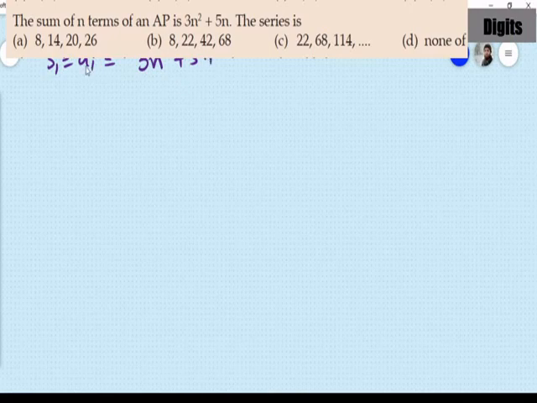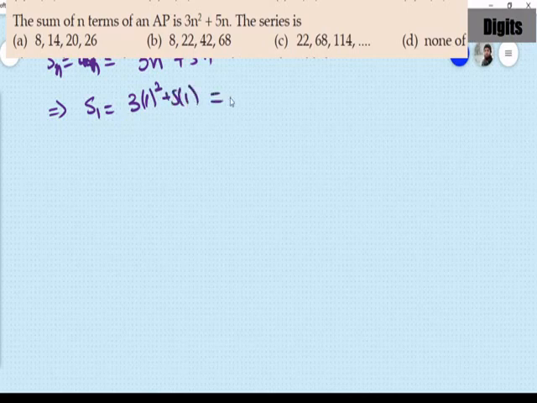So for n we have to substitute. So let us write Sn. It implies S1 equals 3 into 1 square, that is 3, plus 5 into 1, and that is 8.